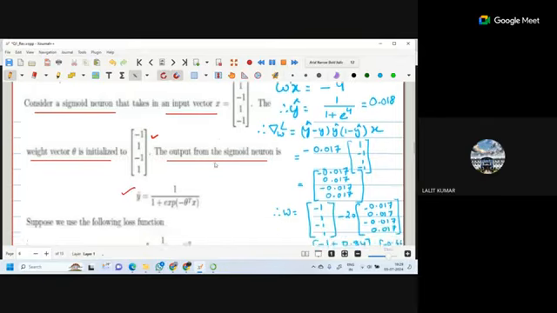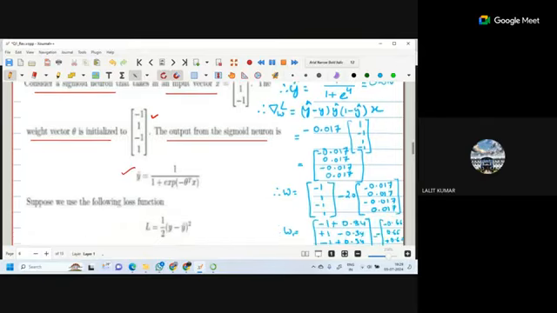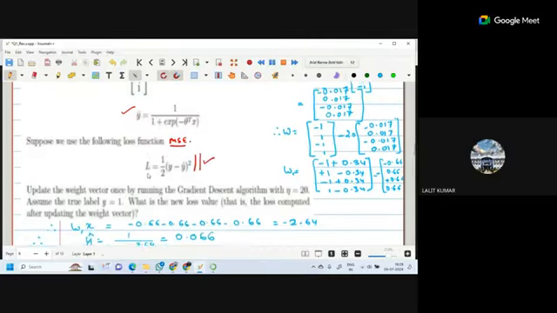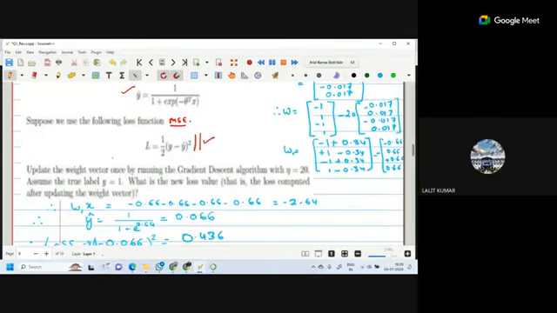We are using the sigmoid neuron. Suppose we use the mean square error function as a loss. Update the weight vector once by running the gradient descent algorithm with eta equal to 20. Assume the true label y is equal to 1. What is the new loss value?